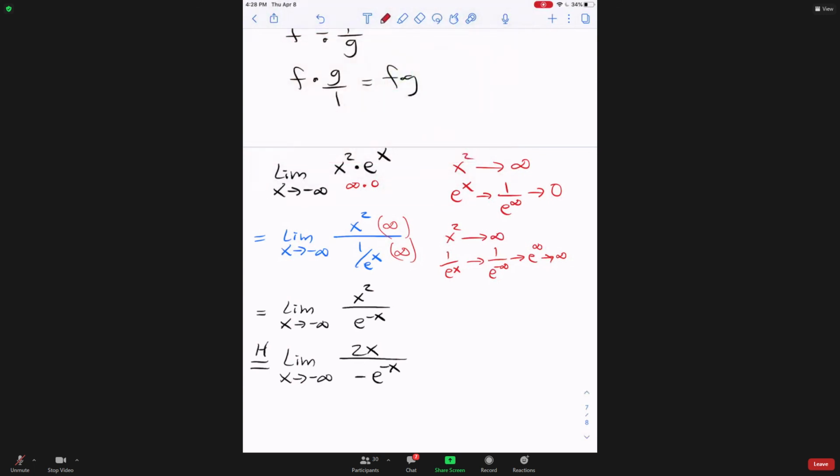Now, let's quote unquote try to plug in infinity. If I take the limit as x goes to negative infinity, 2x will go to negative infinity. Negative e to the minus x will go to negative e to the infinity, which is negative infinity.